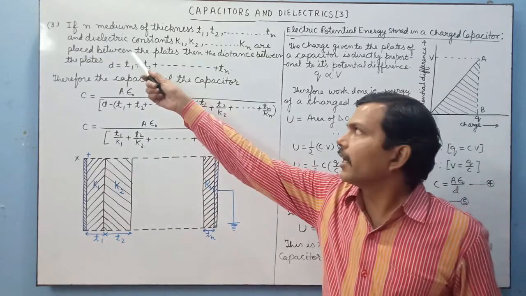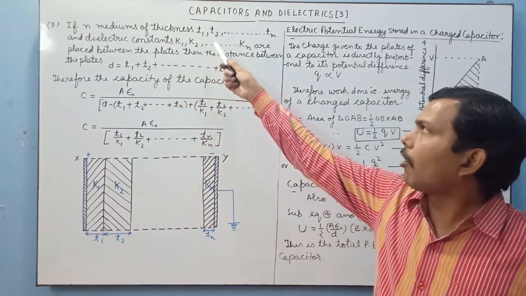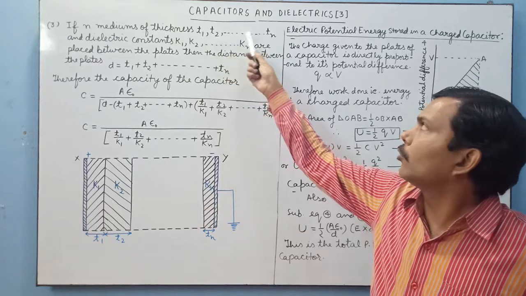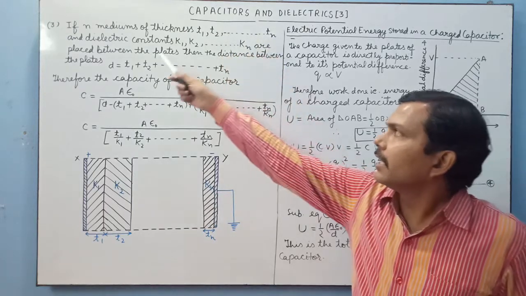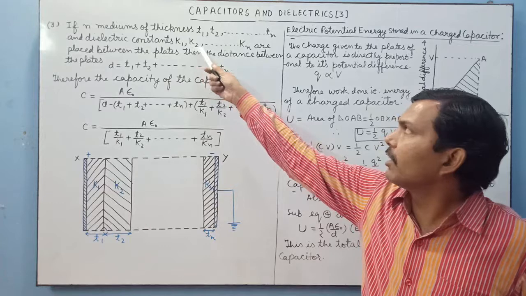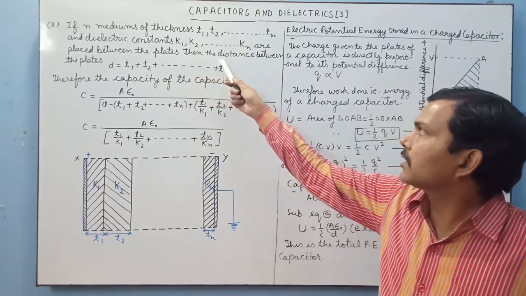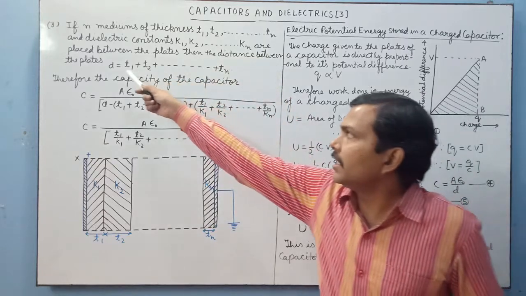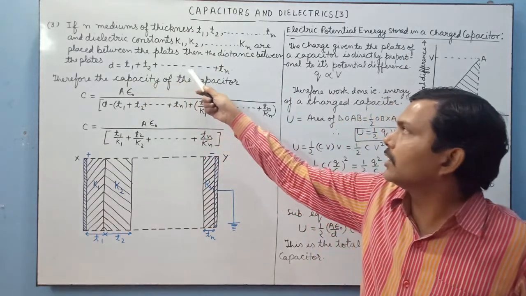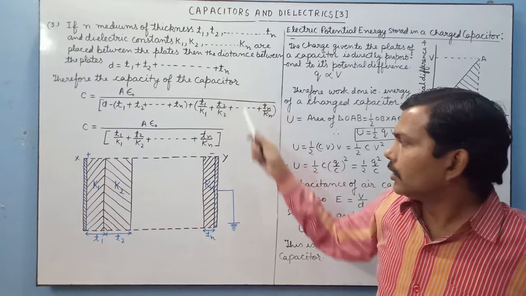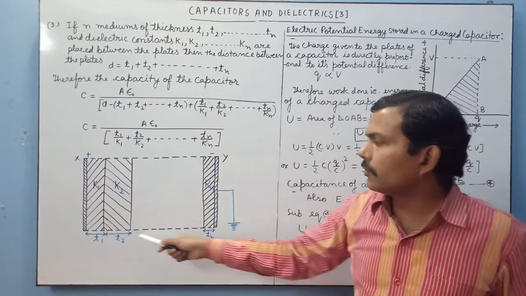Third is, if n mediums of thicknesses t1, t2 and so on up to tn and dielectric constants k1, k2 and so on up to kn are placed between the plates, then the distance between the plates d is equal to t1 plus t2 plus t3 and so on up to tn. You can see here this figure.